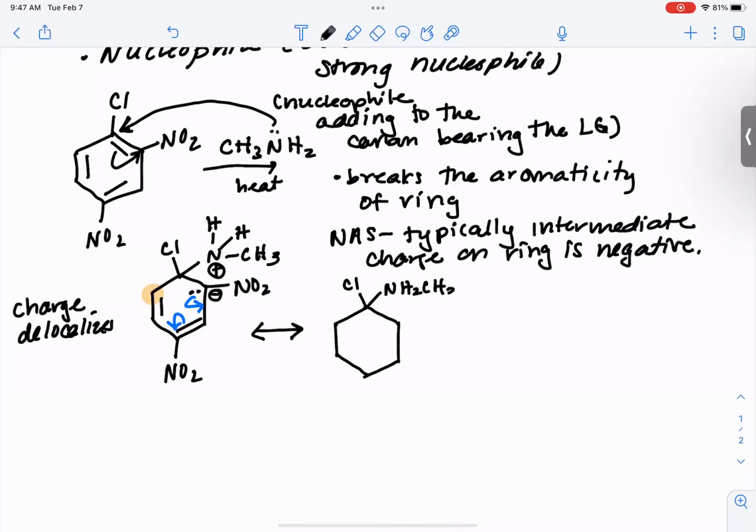I'm just going to consolidate the nucleophile for right now because we're focusing on the charge going around the ring.